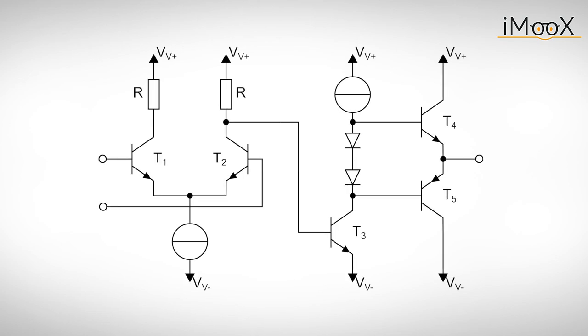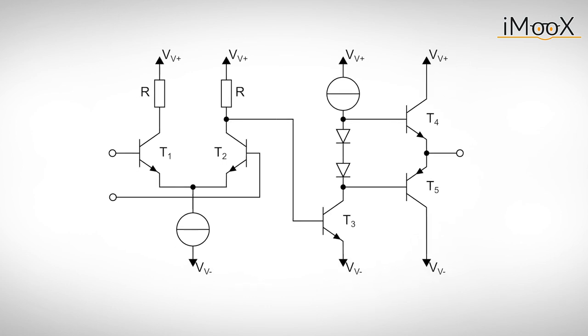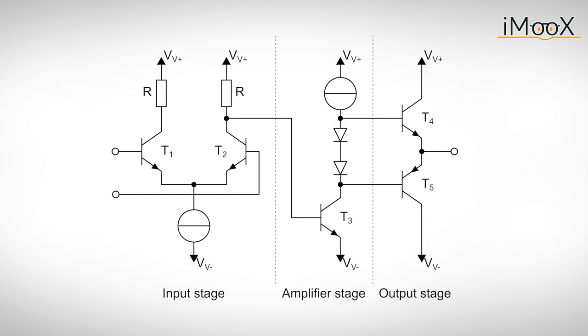The inside of an operational amplifier looks quite messy at first, but as the old Romans said, divide and conquer. So we divide the operational amplifier into three different stages. The input stage is located on the left-hand side and is responsible for detecting the difference between two input signals.